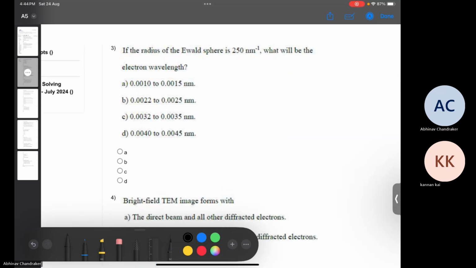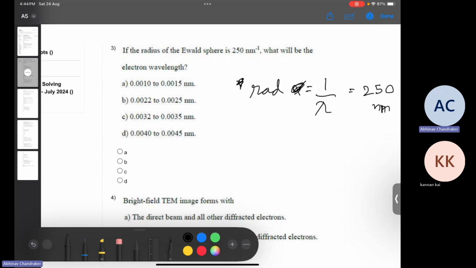Now, if the radius of the Ewald sphere is 250 nanometer inverse, what will be the electron wavelength? So we know that the radius is proportional to 1 by lambda, and here it is equal to 250 nanometer inverse.